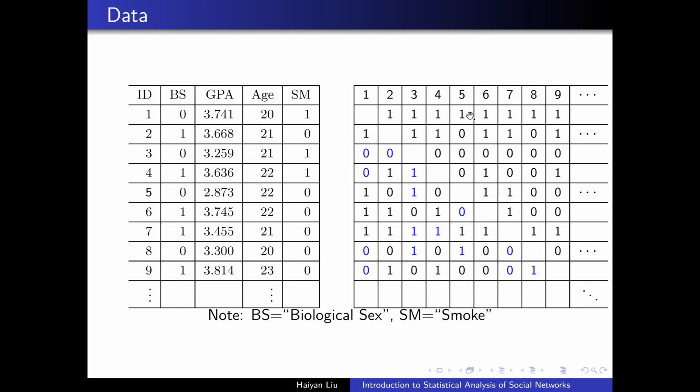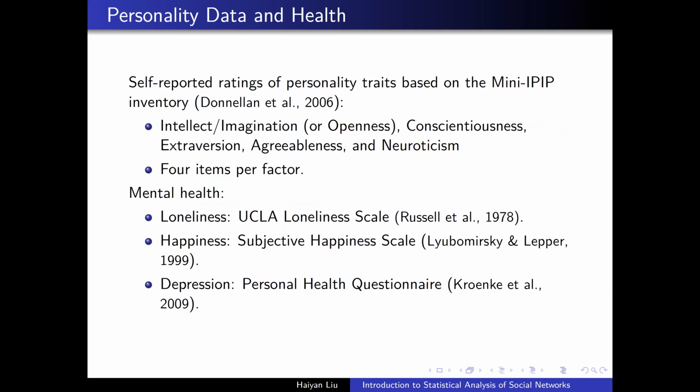Now, in addition to the friendship network data, we also have demographic data. For instance, we have biological sex, age, GPA, and smoking behavior data. We also collected personality data and mental health data, because personality is closely related to friendship.